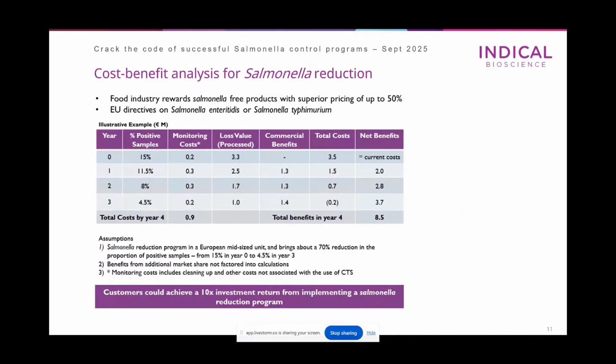So you may think that having an extensive sampling program costs you more. That may be in the beginning when you are starting to sample more, but not in the end. In the end, that increase in monitoring costs will leave you with benefits. Let's say that an average recall costs $10 million per recall, and I say this for large-scale outbreaks or more.